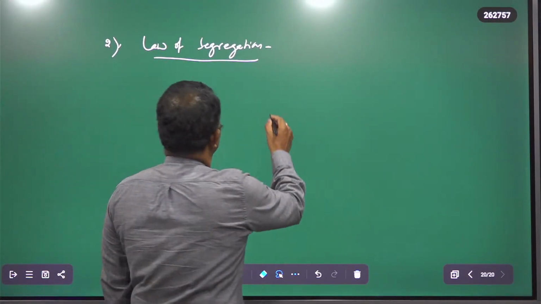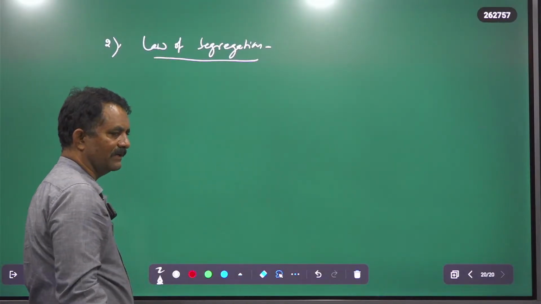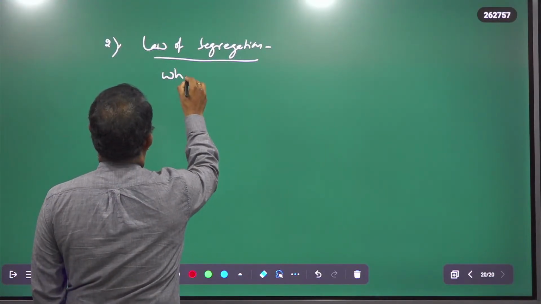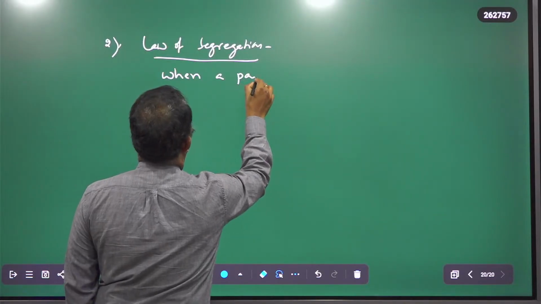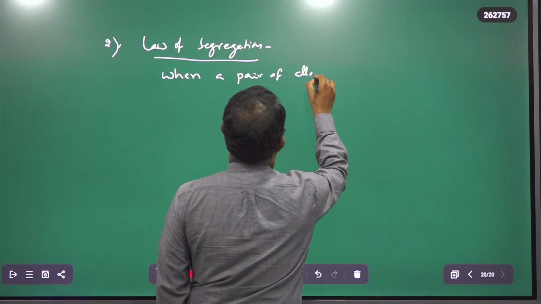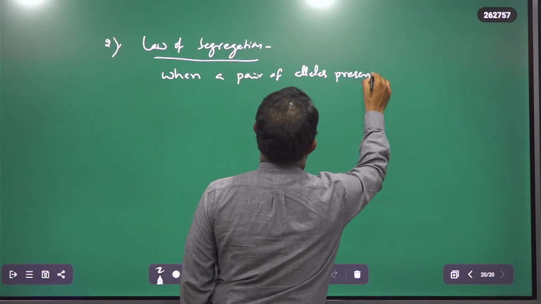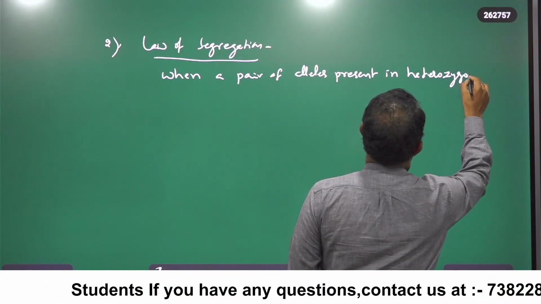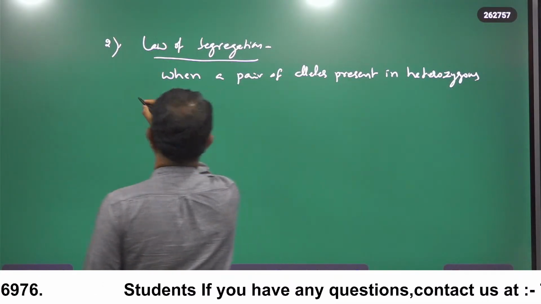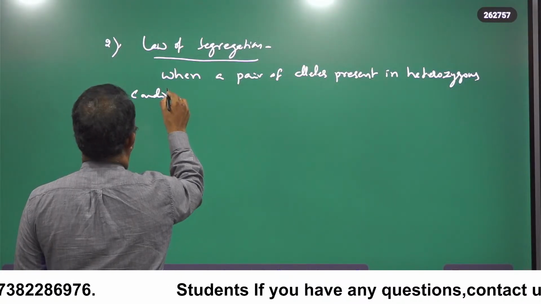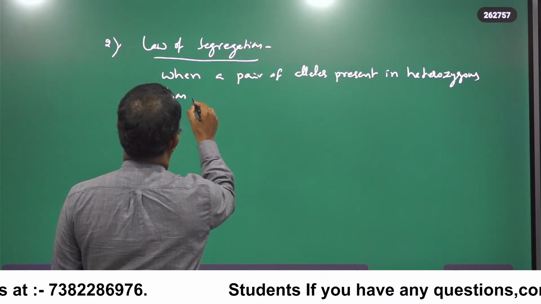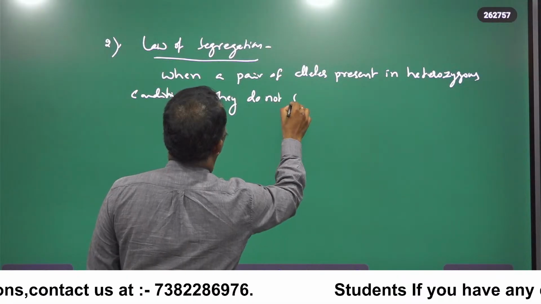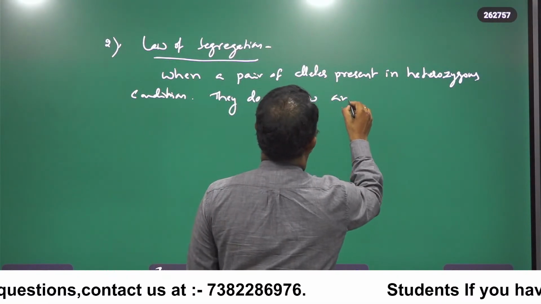Whenever a pair of alleles are present in heterozygous condition, they do not show any blending.